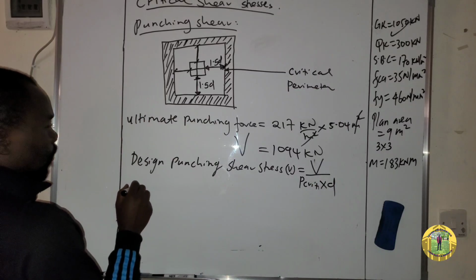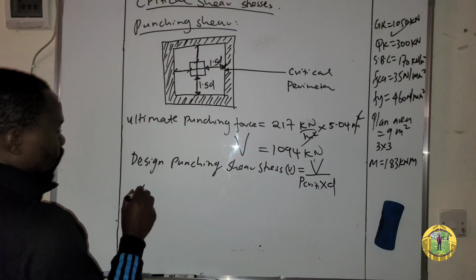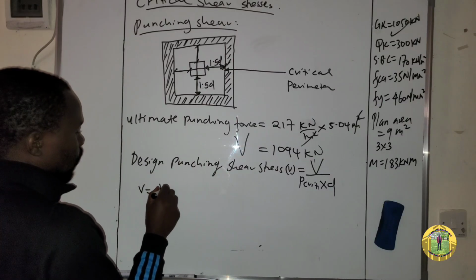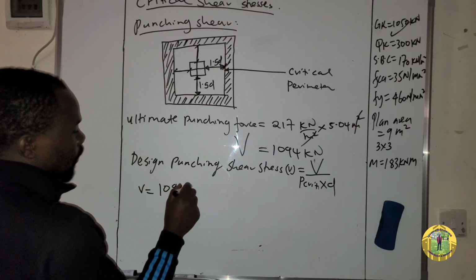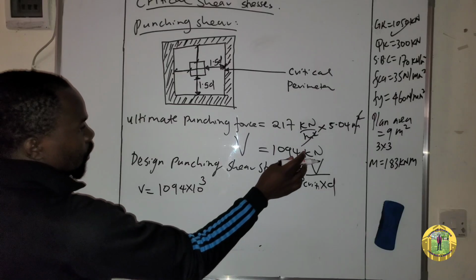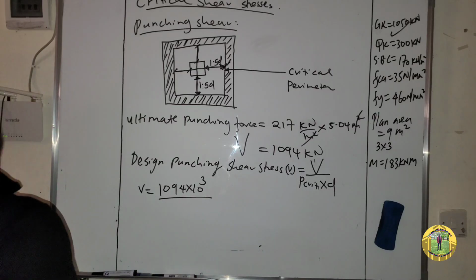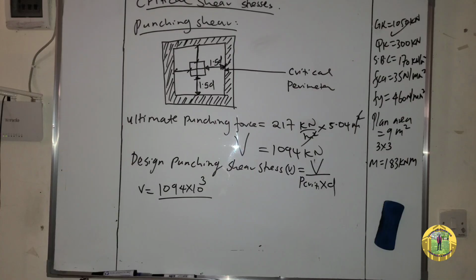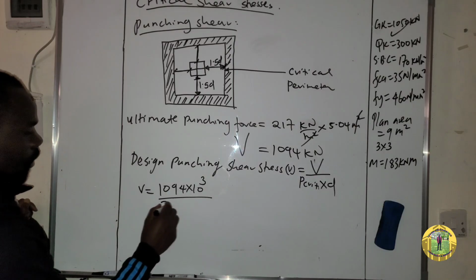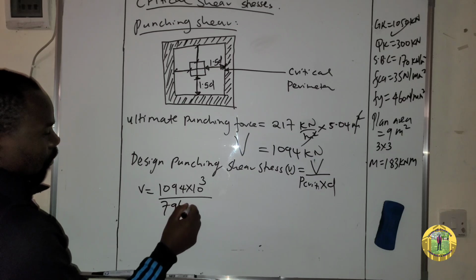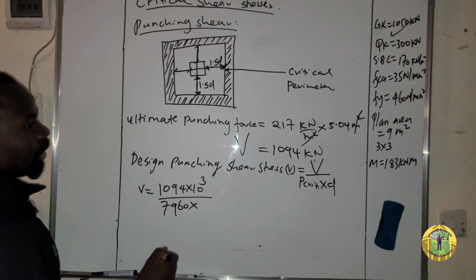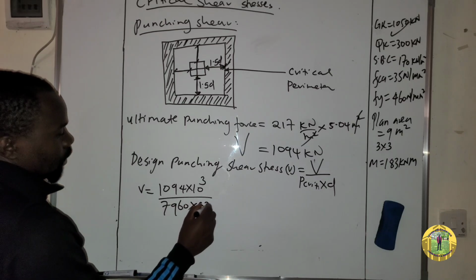So our small v is equal to V, which is 1094 times 10 to the power 3, changing from kilonewton to Newton, over our critical perimeter, which is 7960.79. We have already calculated this, and our d is 530.